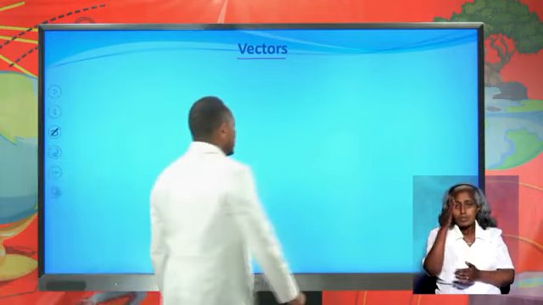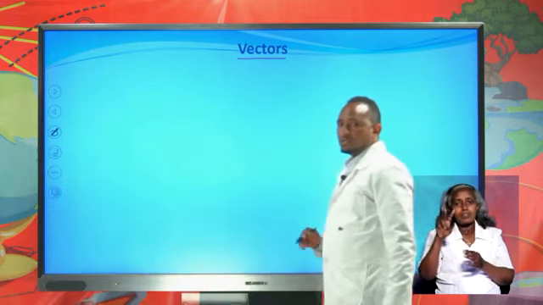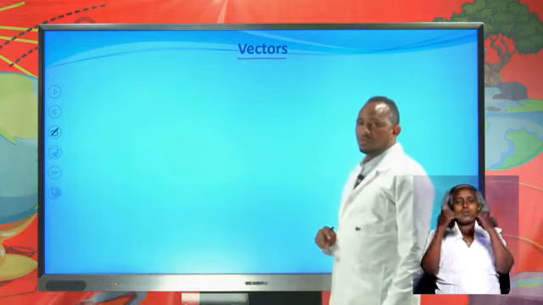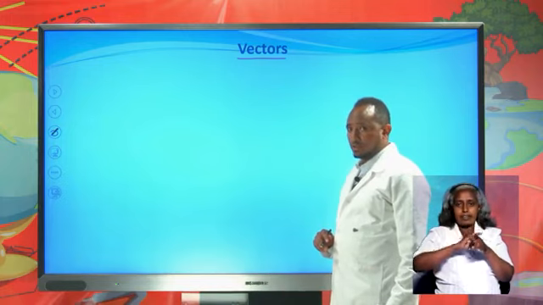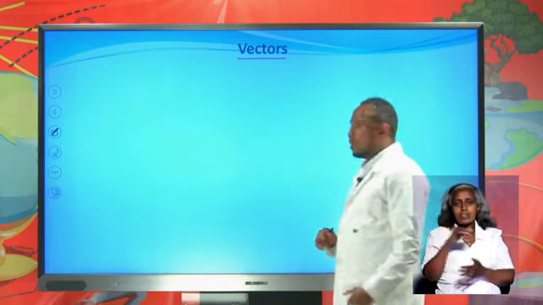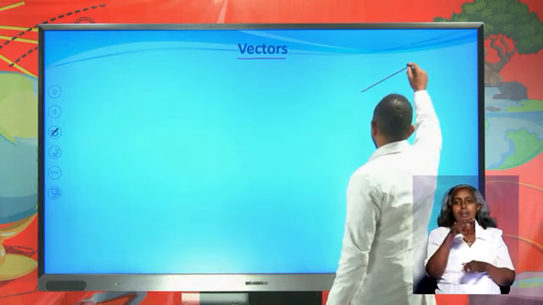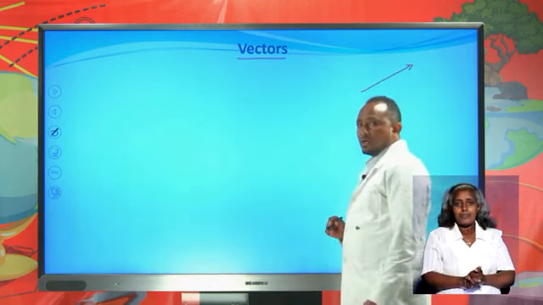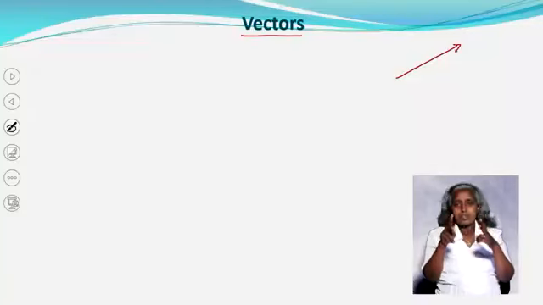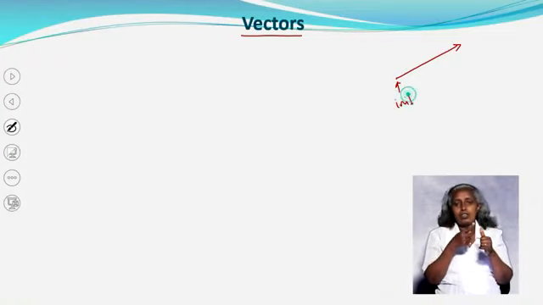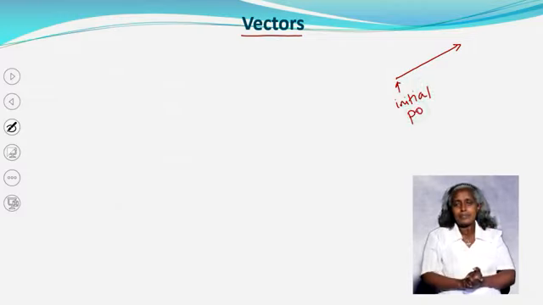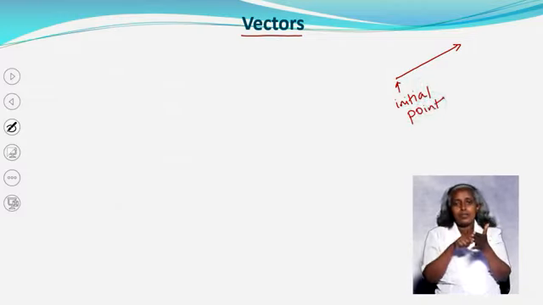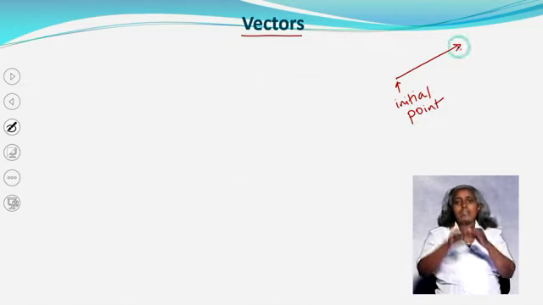As you know, vectors are quantities that have both magnitude and direction, and they are represented by an arrow. As you can see from this arrow, this vector has an initial point. This is the initial point of the vector, and it also has a terminal point.